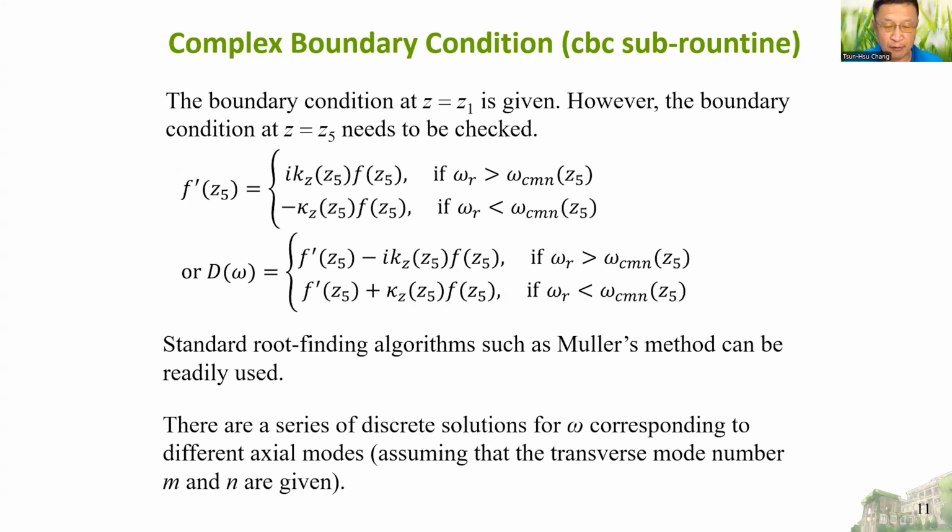Each transverse mode, each TE m n mode, has many axial modes. L equals 0, L equals 1, L equals 2. Or L equals 1, L equals 2, L equals 3.